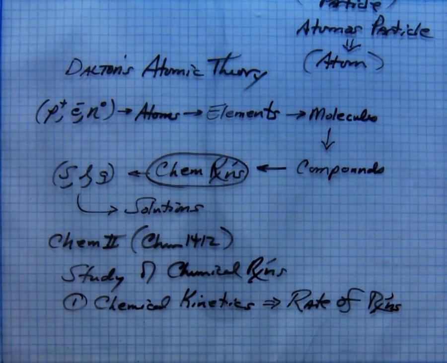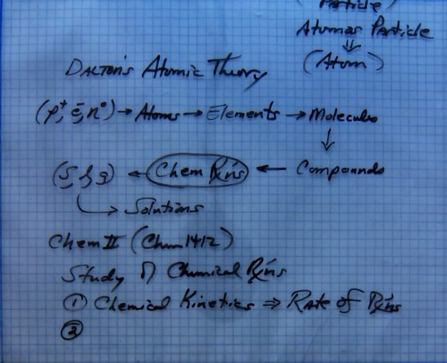Starting with 0 products, 100% reactants. We're going to make products. How fast do you make them? Well, that's what this topic deals with. How fast do we make the products we're interested in?